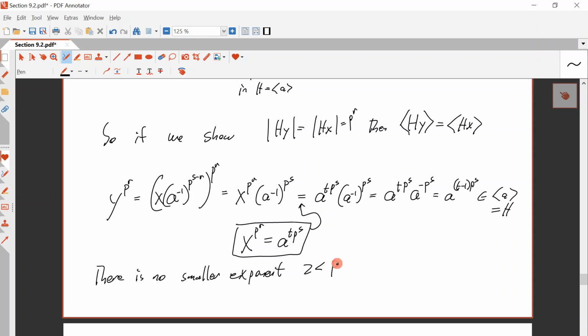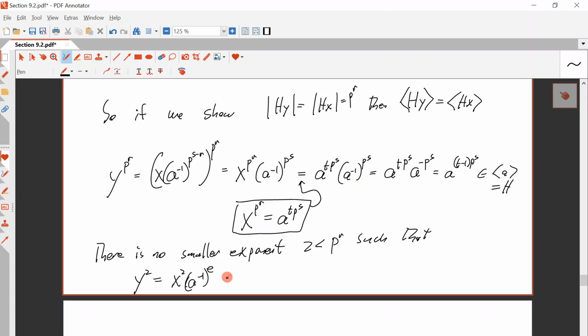z such that y to the z, which is equal to x to the z, and then a inverse to some big old exponent, I'll just call it e, is in a, the cyclic subgroup generated by a. Let me rewrite that.